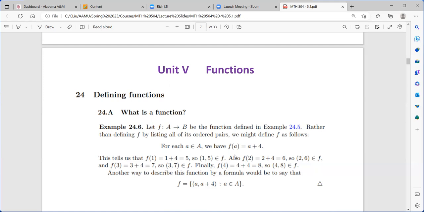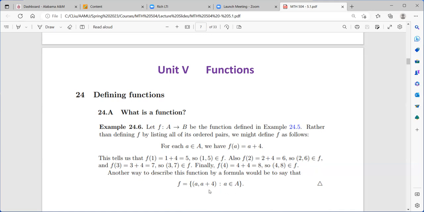For example, the pair (1, 5) belongs to f, and the pair (2, 6) belongs to f, and so on. That's another way to write the function, but you can also write it in a short notation like this. We can write f equals the set.